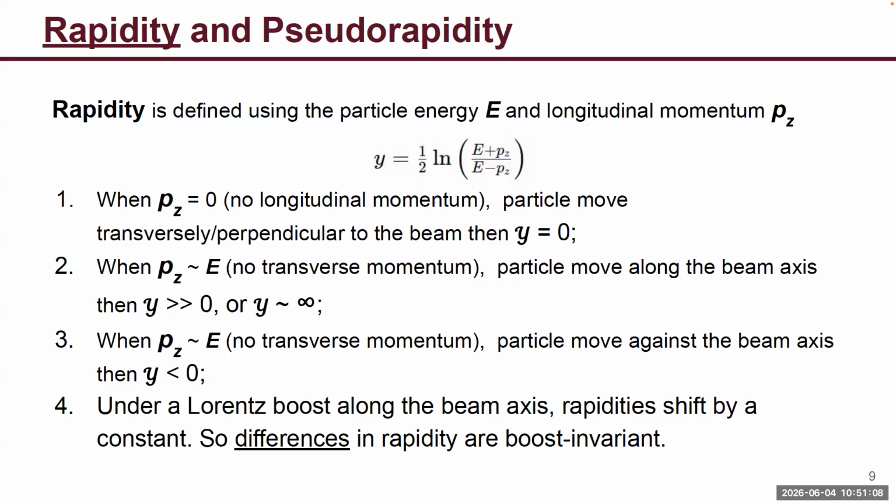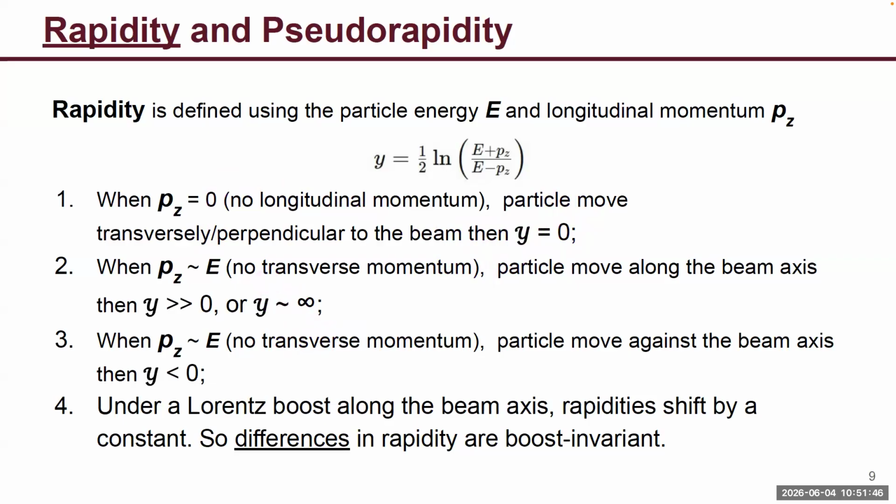The beautiful thing about this particular quantity is that when you have absolutely no Z-direction momentum, no longitudinal momentum, where your particle is traveling transverse to your beam momentum after the interaction, this rapidity value will give you 0. If there is no transverse momentum, and your particle goes collinear with your beam momentum, then the rapidity gives you infinity.